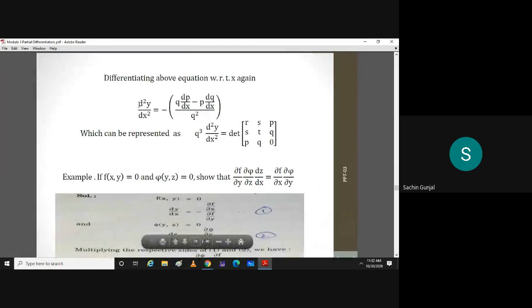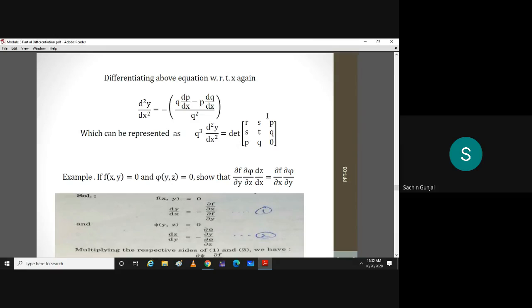So d²y/dx² is minus Q into dP/dx minus P into dQ/dx upon Q square. And if you simplify this further, d²y/dx² is equal to 1 by Q cube into the determinant of R S P, S T Q, P Q 0.